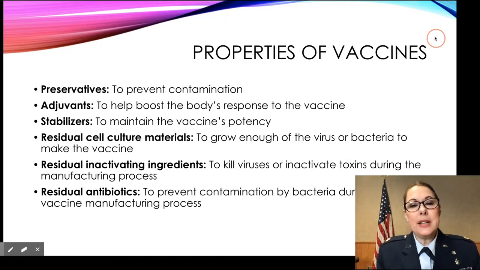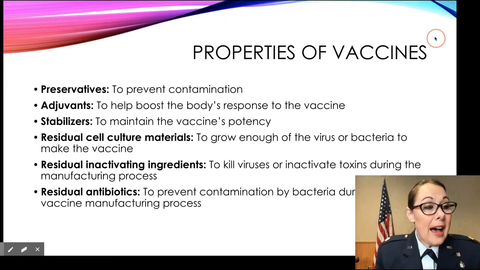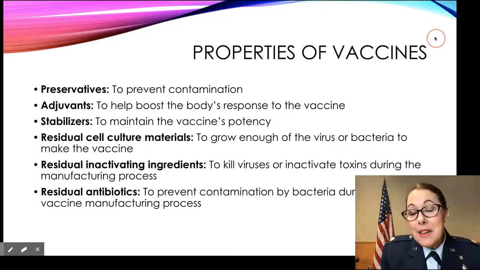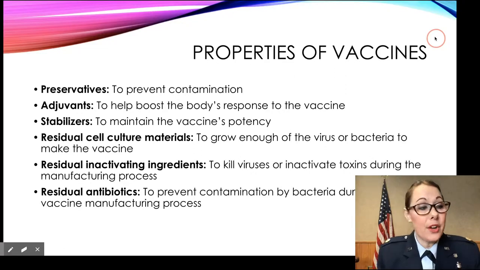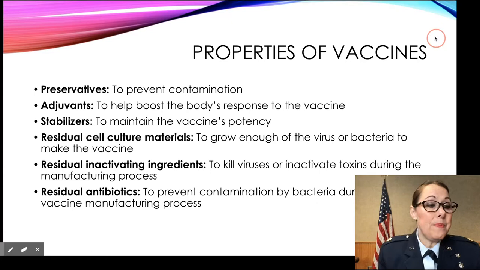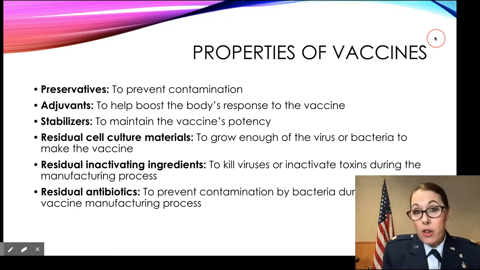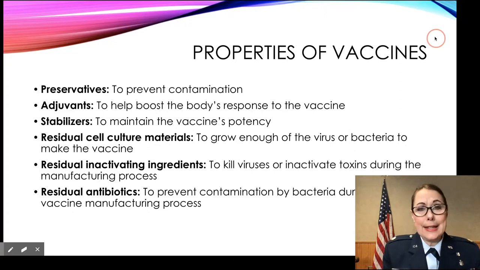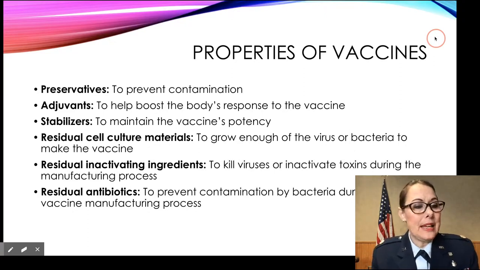So, properties of vaccines. There are a lot of ingredients in vaccines, and each of them serve a particular purpose. They provide immunity or protection. Some of them keep the vaccine safe and help them to last longer. Some are used for the production of vaccines. And this is why we ask about all allergies, like eggs and sugar, gelatin, neomycin, even aluminum, formaldehyde.